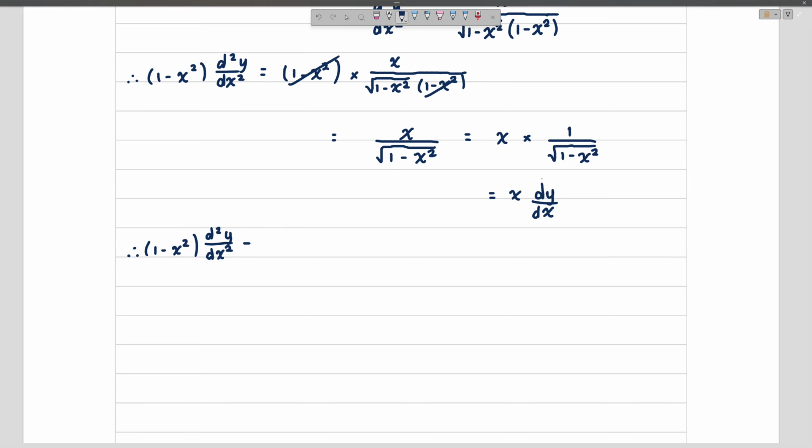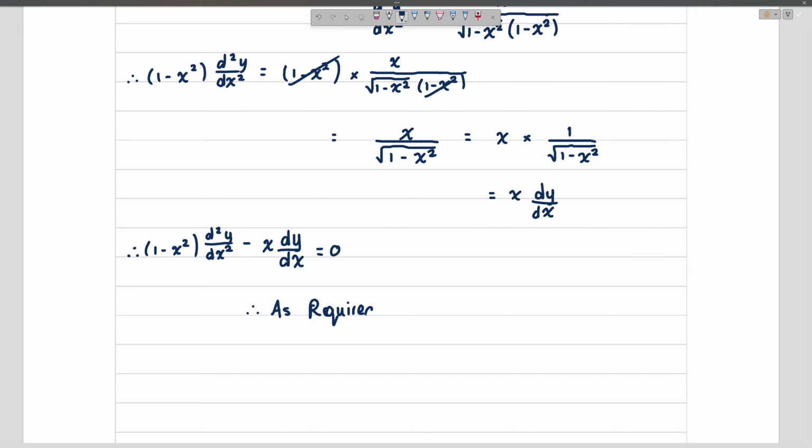So if we just subtract x times the first derivative from this here, that would just be equal to 0. So minus x dy by dx here, and in that case, this here is equal to 0 as required. Okay, and there we have it then.